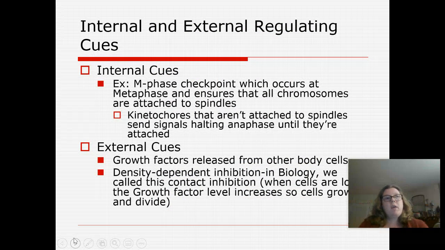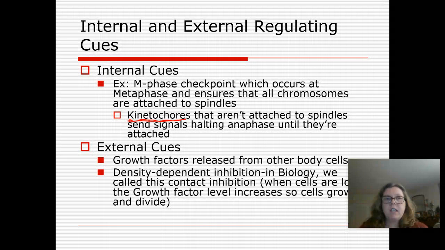All right, so there are some other internal and external cues that determine how fast or how long it takes for mitosis to happen. The first are internal cues. At the M phase checkpoint, it actually occurs at metaphase, and that's a point where these kinetochores that I mentioned become really important. Kinetochores are capable of signaling the cell if they're not attached to spindles.